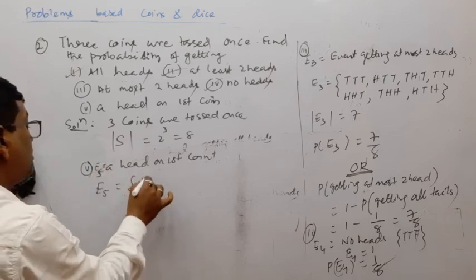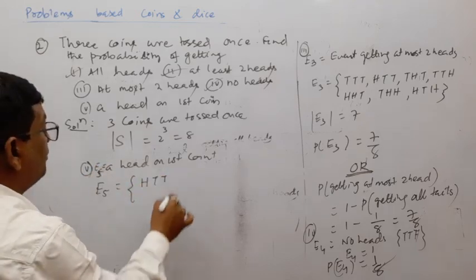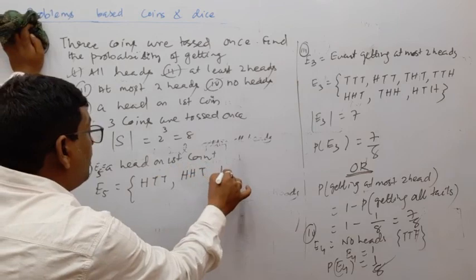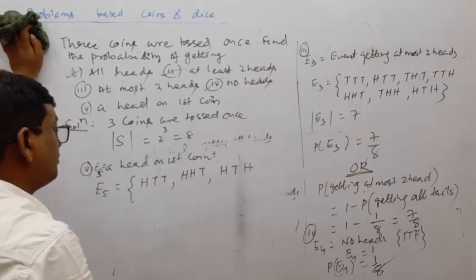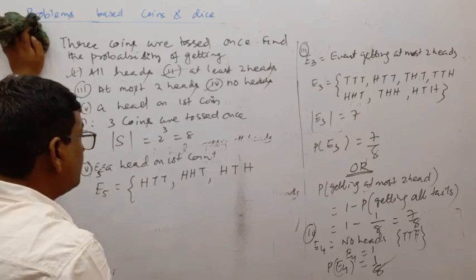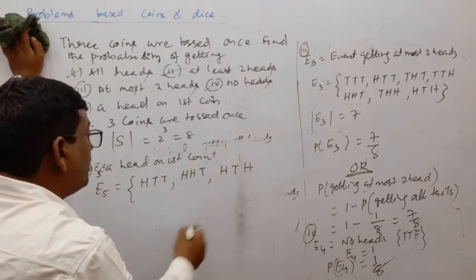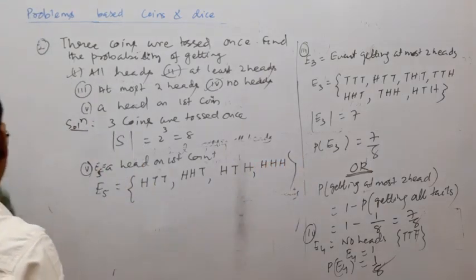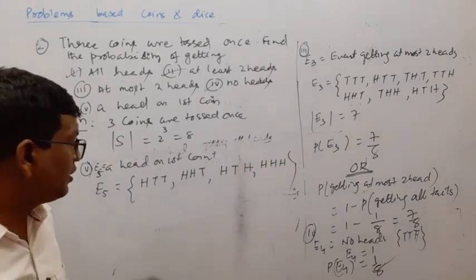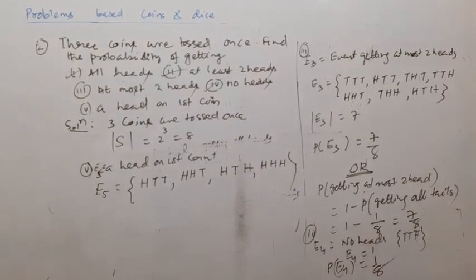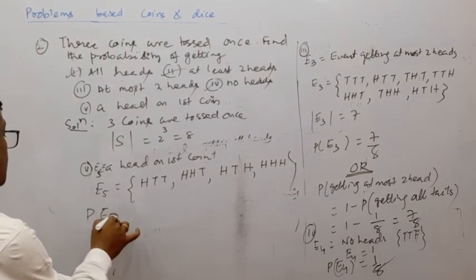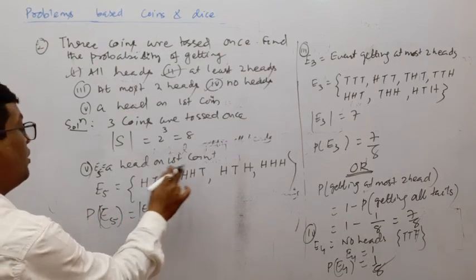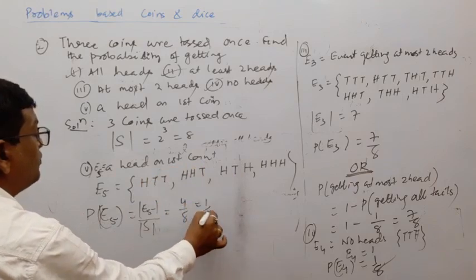E5 is equal to HTT, HHT, HTH, and HHH. That is 1, 2, 3, 4. P of E5, same concept, is equal to the cardinality of E divided by the cardinality of S, 4 by 8, that is 1 by 2.